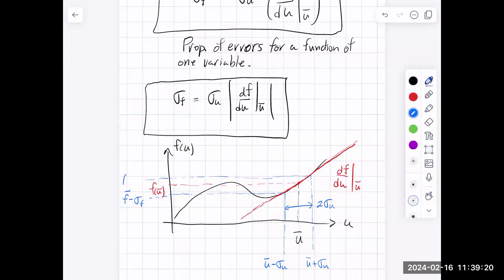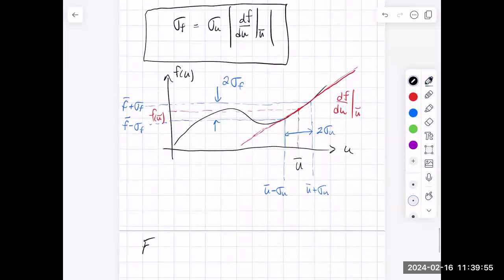And this is going to be f bar plus sigma f. And so this range is 2 sigma u. This range is 2 times sigma f. And they're just related by this straight line. This is a rise, this is a run, and so rise over run gives you slope. It must be equal to this slope here.